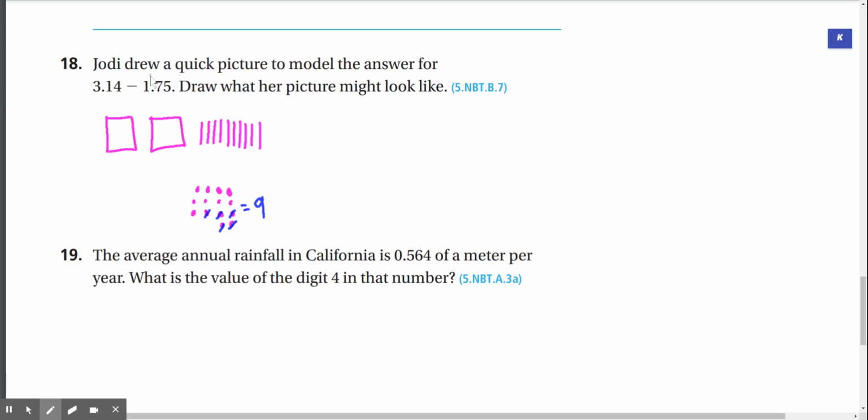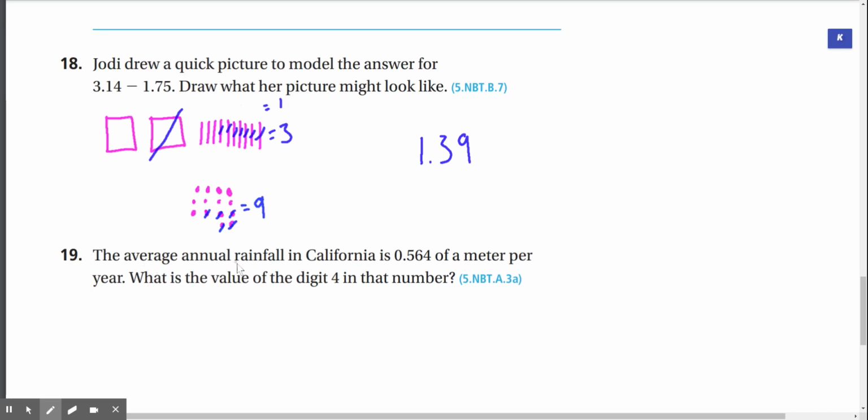Now we have 10 sticks. Now we can subtract our 7, 1, 2, 3, 4, 5, 6, 7, and we're left with 3 sticks. Now we can subtract our squares, and it's 1 minus these 2, which is going to give us 1. So we're left with 1 square, and our answer would be 1.39.